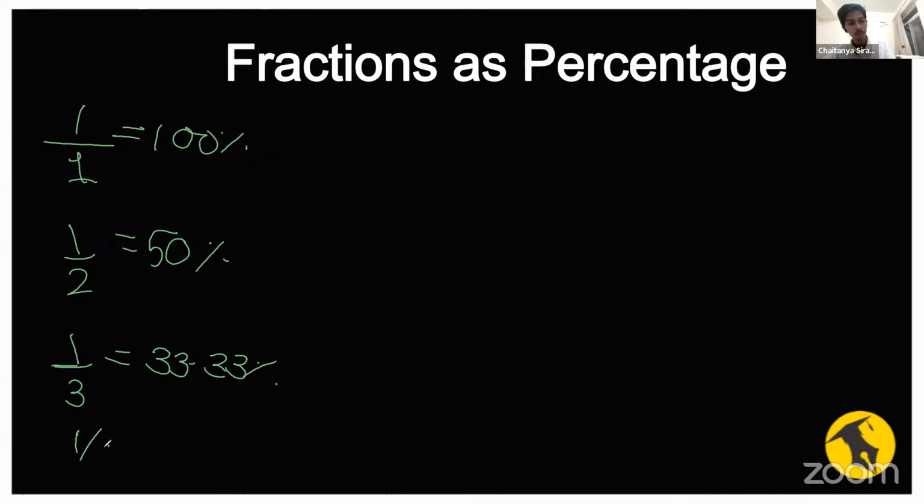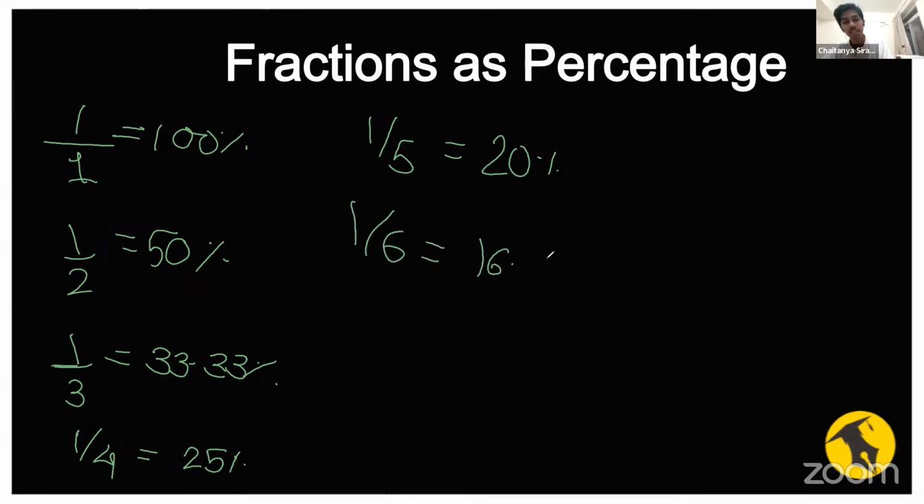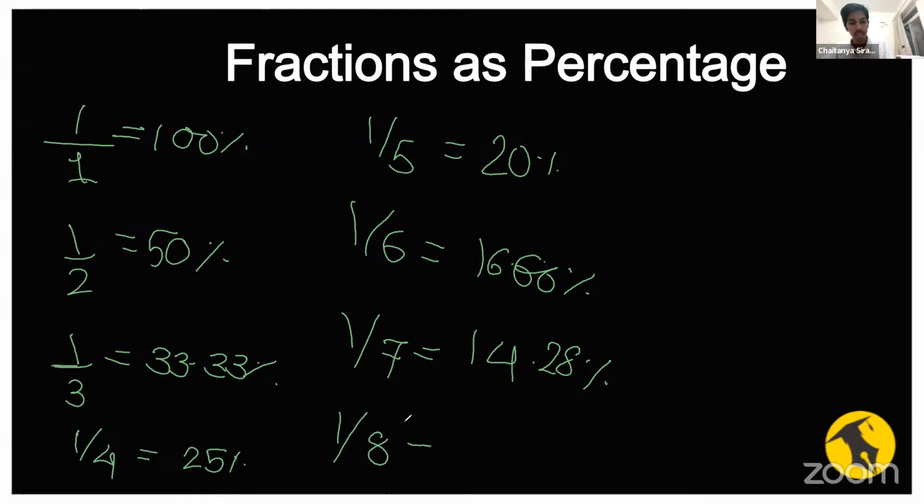I can write 1 upon 4 as 25%. 1 upon 5 is 20%. 1 upon 6 is 16.66%. 1 upon 7 is 14.28%. 1 upon 8 is 12.5%.